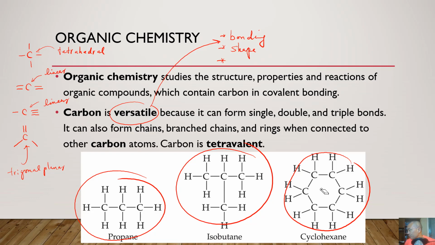And this property for carbons to connect with themselves is called catenation, or chain up. So this is another versatility shown by the catenation of carbon atoms, which means carbon atoms can connect with themselves to form different shapes.